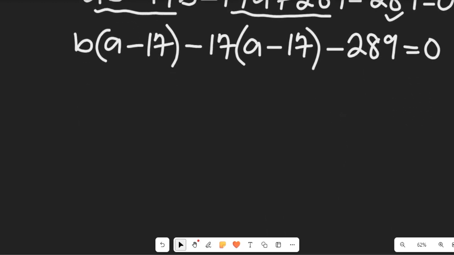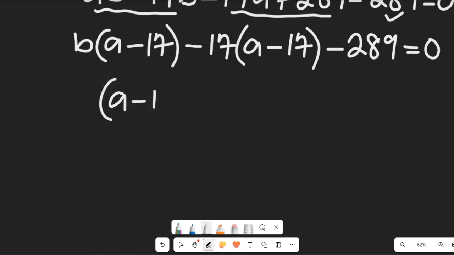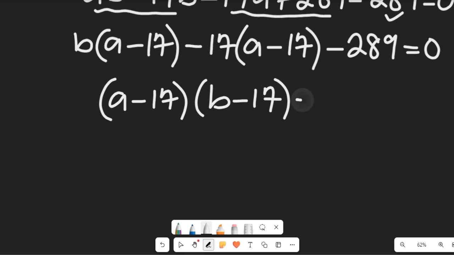I will now factor this out. I have two common factors, and that is going to give me a minus 17 multiplying b minus 17, and this will be equal to 289.